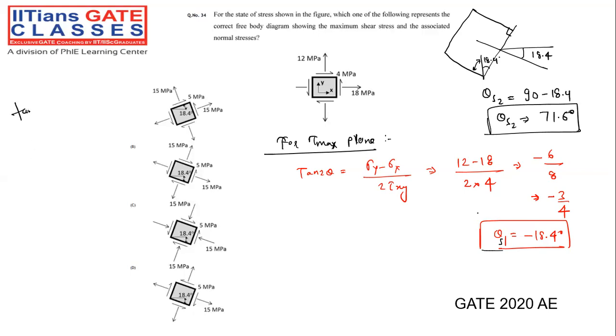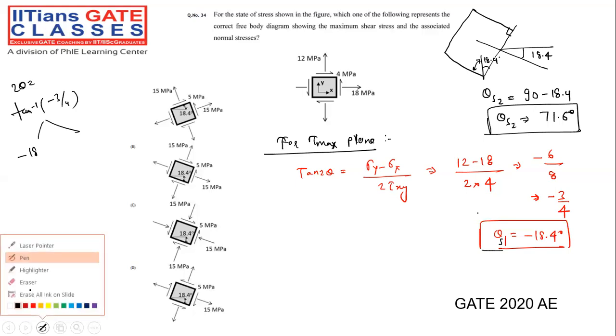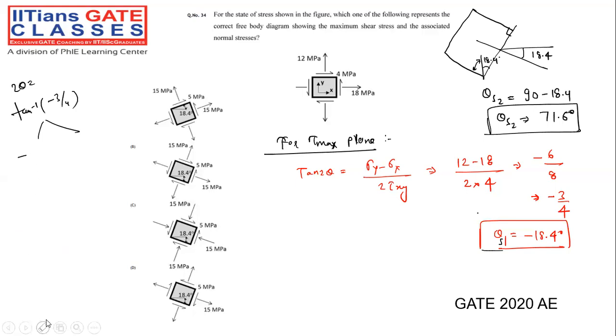See, tan 2 theta is minus 3 by 4. You're going to get two values. One will be, sorry, 2 theta will be 36.87. You only calculate from the calculator, there's no confusion. 36.87, one value. And the other is 180 minus 2 theta.